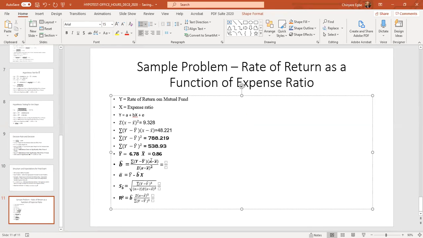So I'm going to give you that information, and all you have to do is take that, plug it in here, and the summation of x minus x bar squared is here. You plug it in there and get an answer. Okay, so can somebody give us that answer?